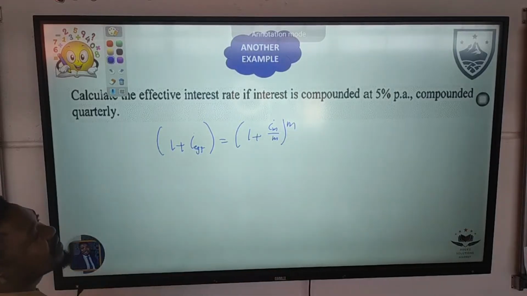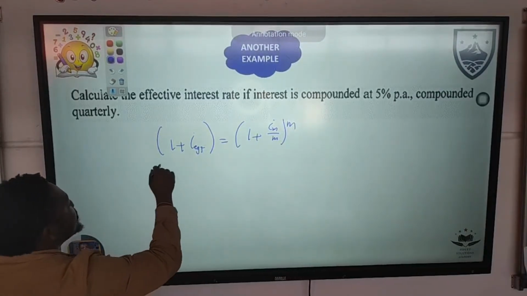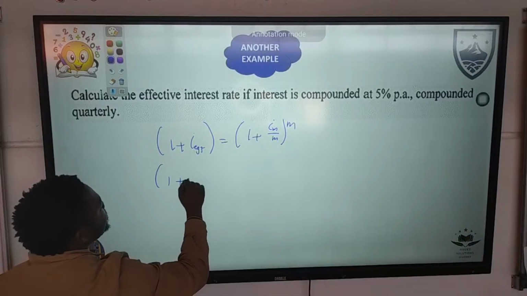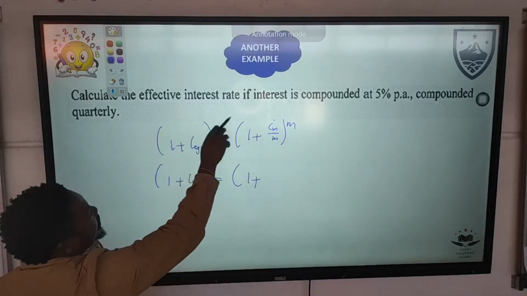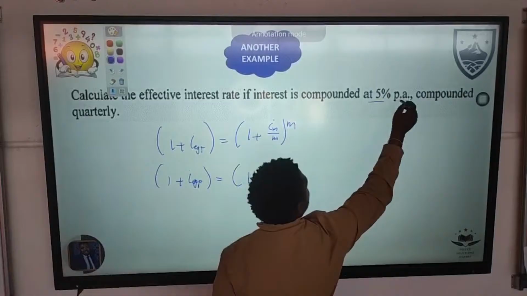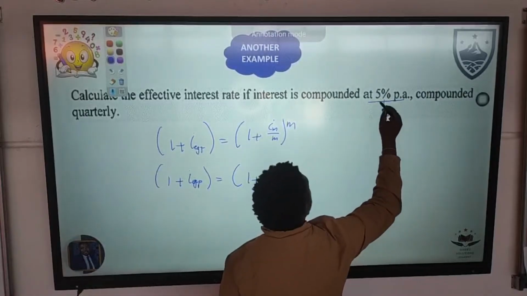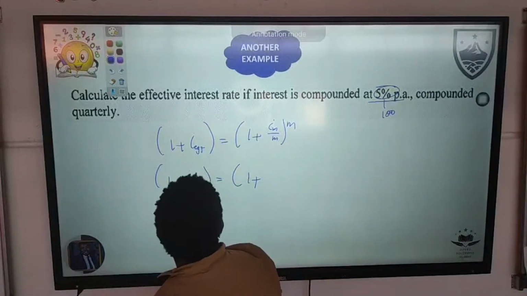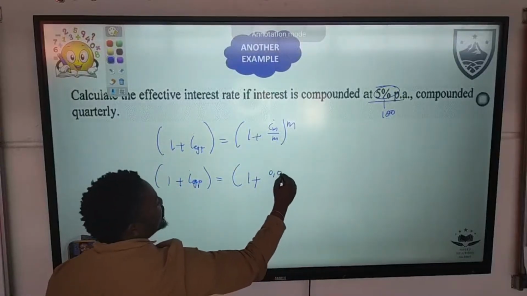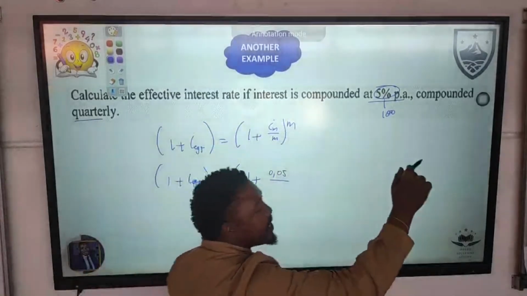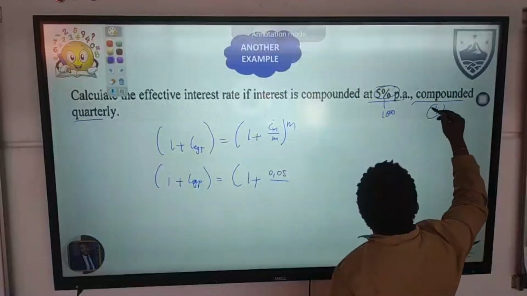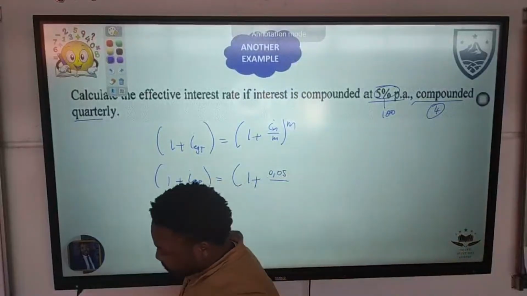So the effective interest, compounded at 5% per annum, compounded quarterly, will simply be 1 plus, and then this was actually 5%. We divide this by 100 so that you can get rid of the percentage. This is 0.05, and then it's compounded quarterly. How many quarters are there in a year? It's just 4 of them.